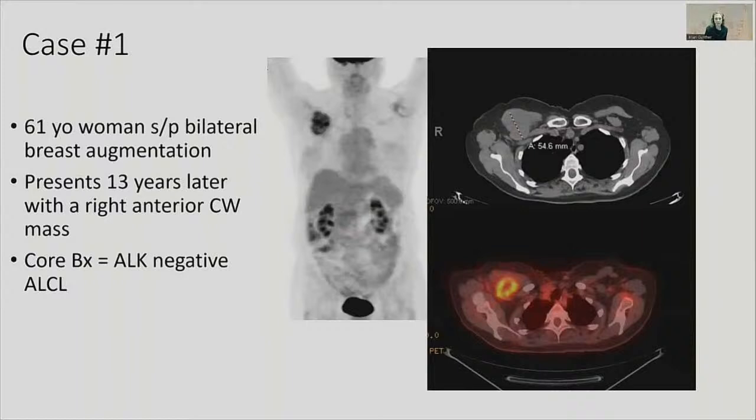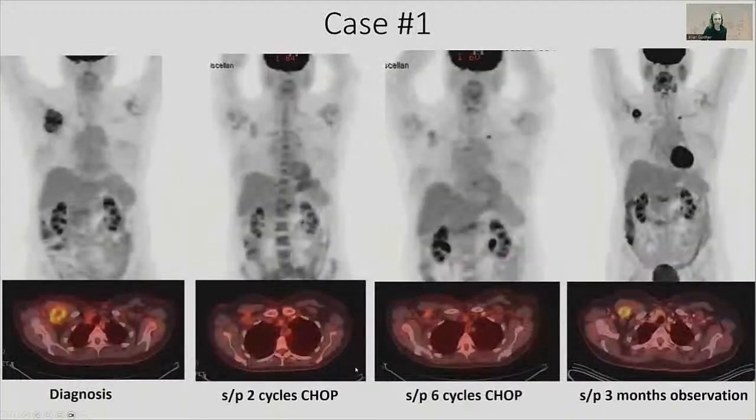Some additional radiographic images show, again, the FDG avid disease on this maximal intensity projection of the PET scan within the right chest wall. You can see on the CT portion of the PET scan, this approximately 5 centimeter mass, and you can see that the disease is FDG avid.